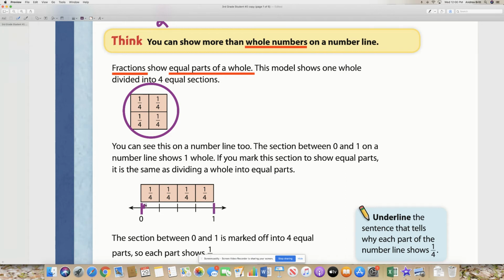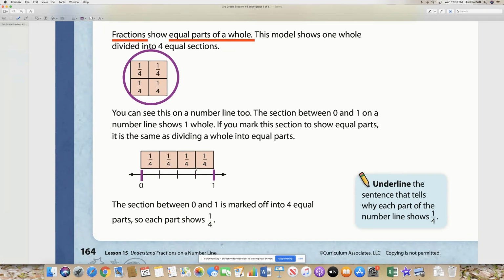So we can go 1/4, and then another 1/4 is 2/4. And then another 1/4 is 3/4, and then another one is 4/4.